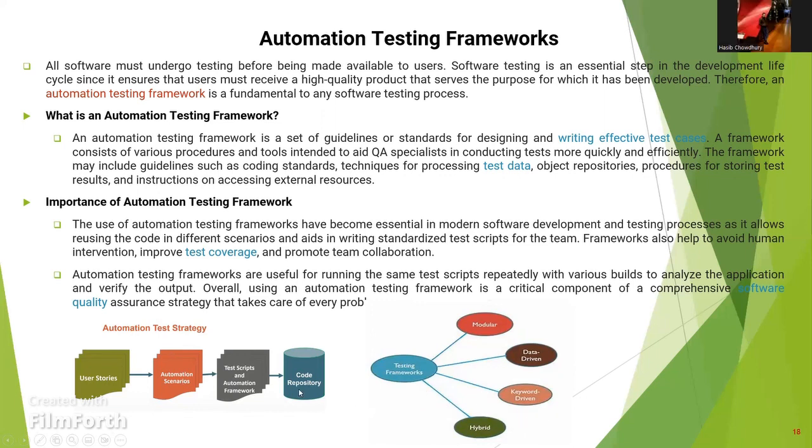The code repository means we are going to store the script over there. Yes. So in an automation framework, you have a code repository where all the source code will be. You have a test result folder where all the test results will be, right? And all the test cases will be there, right? So those are like the framework.